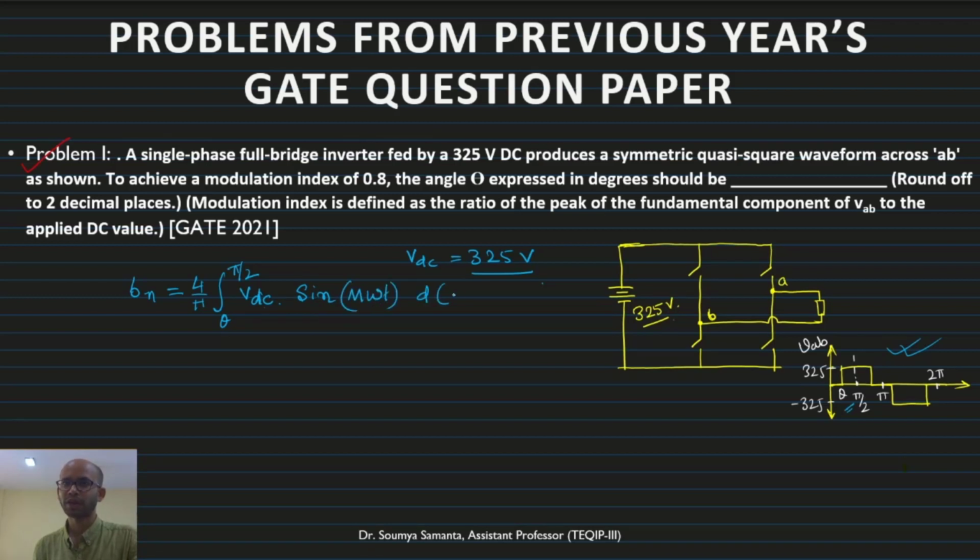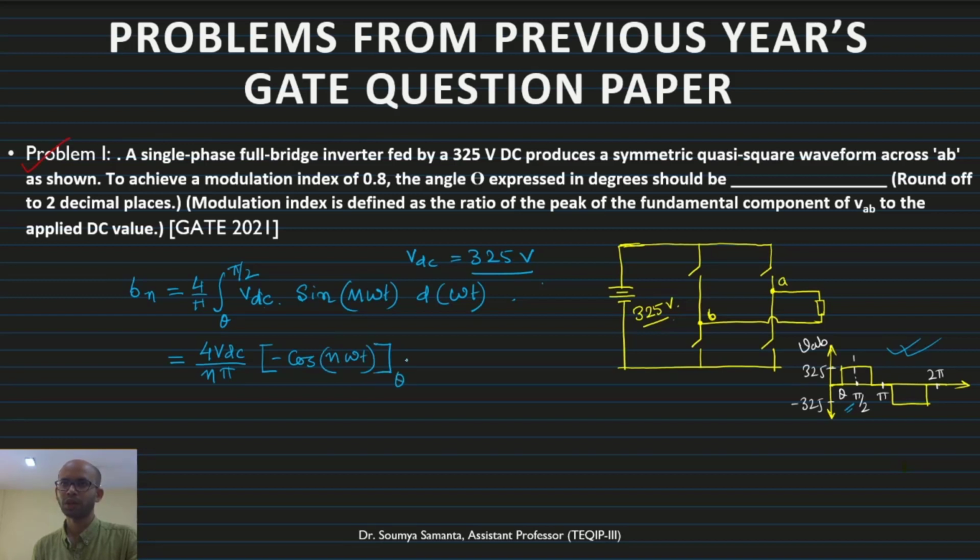Sorry, I had missed out the sin n omega t, sorry for that, d omega t. In the next step, VDC we will take out, so 4 VDC, and if we do the integration, we will get n at the denominator. So n into pi, and this one will be minus of cos of n omega t.